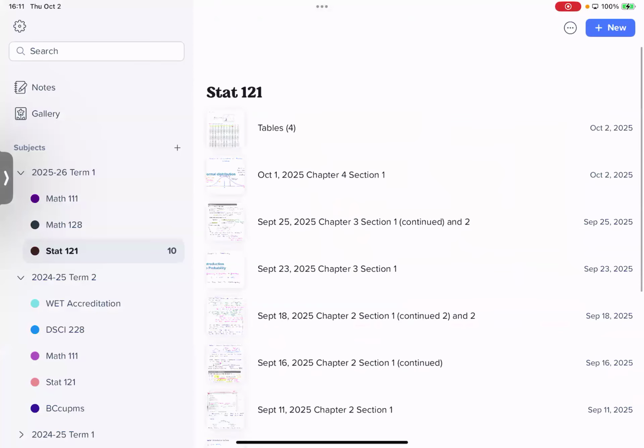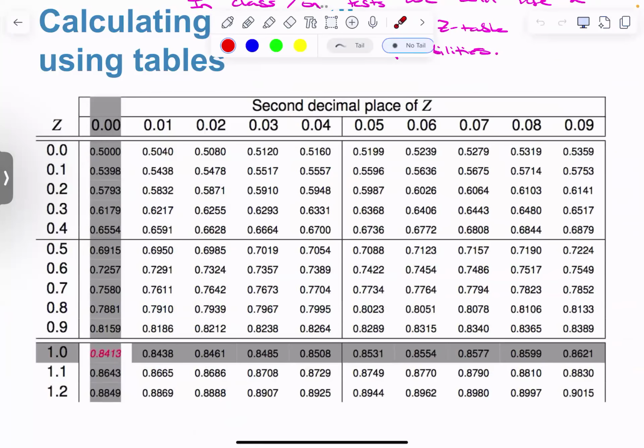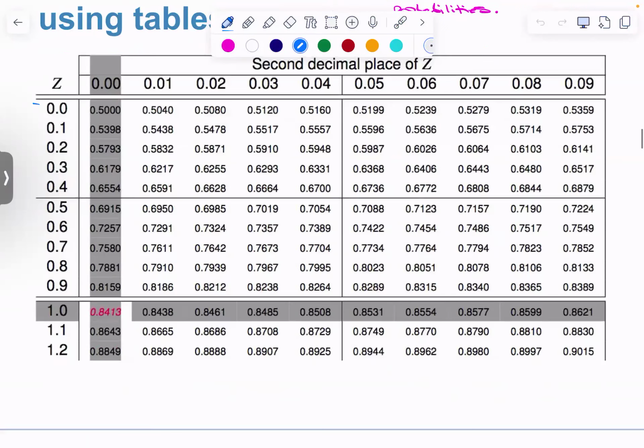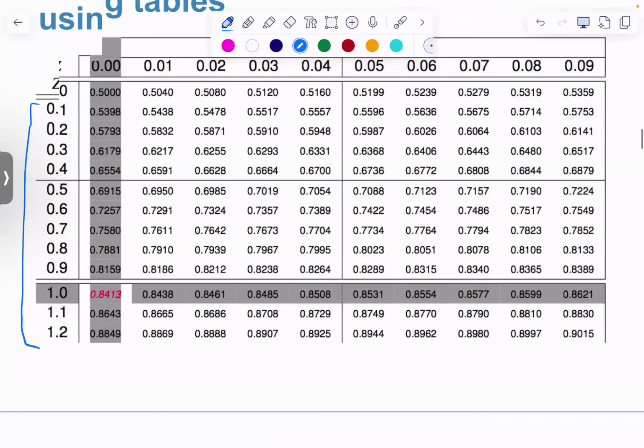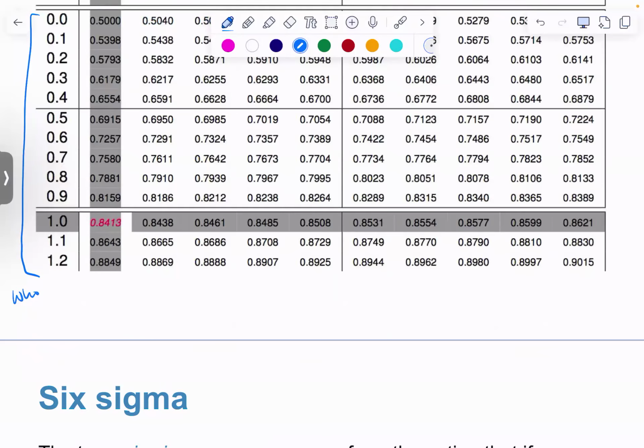And go back here. So here's a version of the Z table, but you read them all the same way. Here we've got the whole value of Z and the first decimal place.